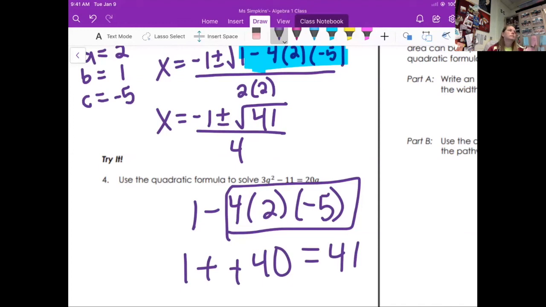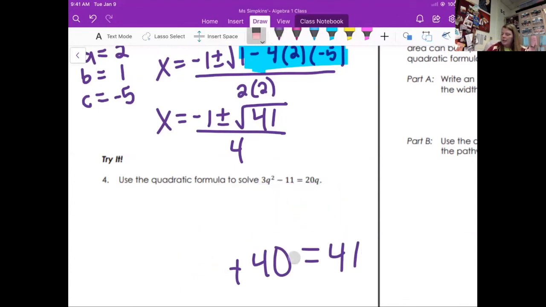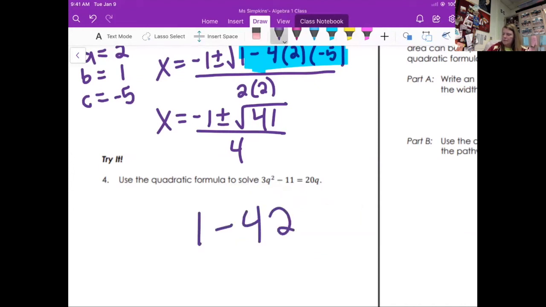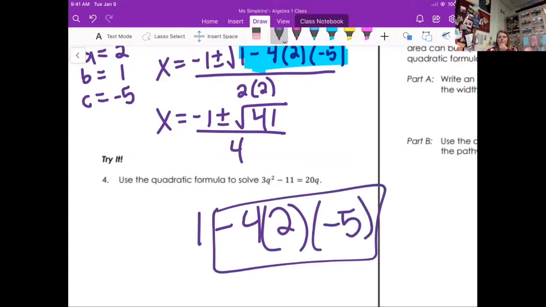A different way to think about this, which is also fine, is 1 plus 40, which is still 41. It's 41 though, is the moral of the story, and not 39 or negative 39.